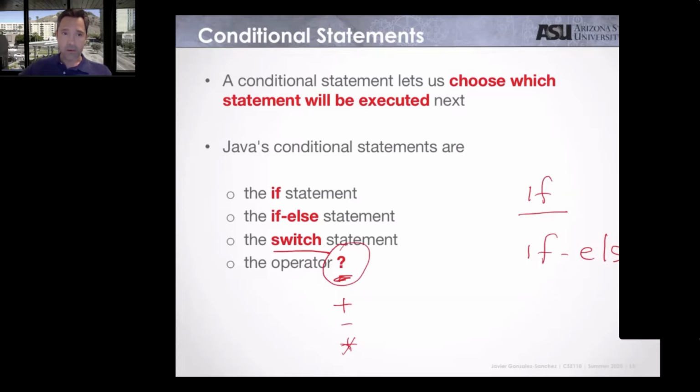Just because it's only one character, one character that represents a particular action, the action is the condition. So if-else, switch, and the question mark operator. Those are the 4 ways in Java to create a conditional control structure. Okay. Today, I want to review this one, and if we have time, maybe this one. Later, we are going to review the others.